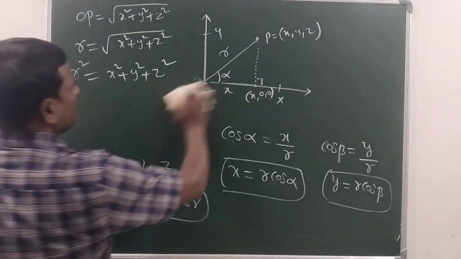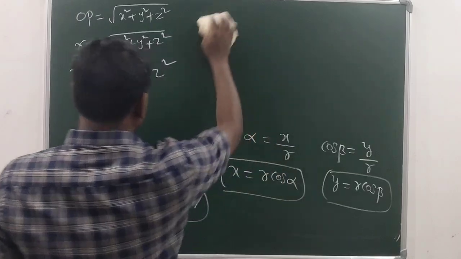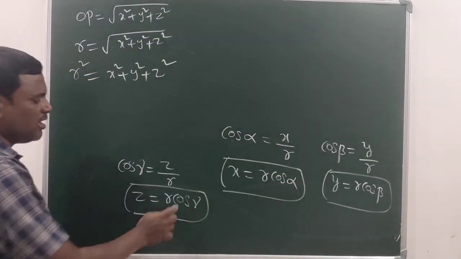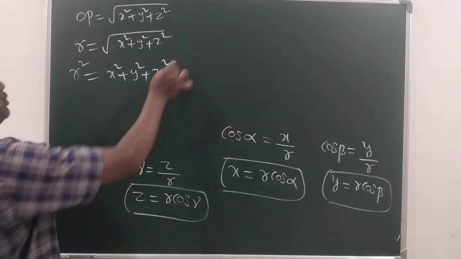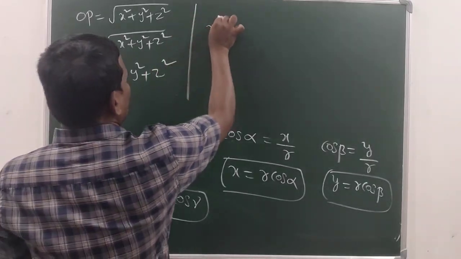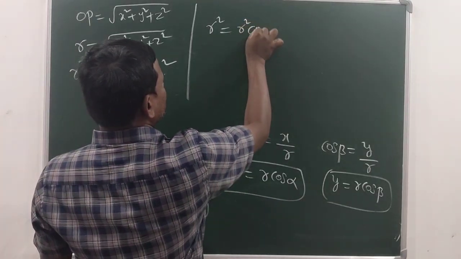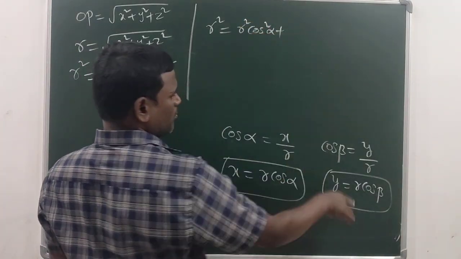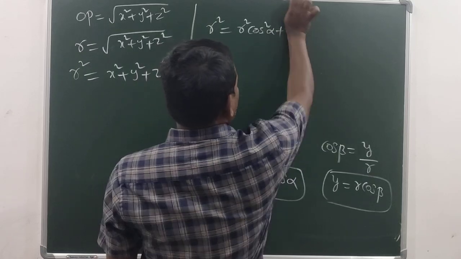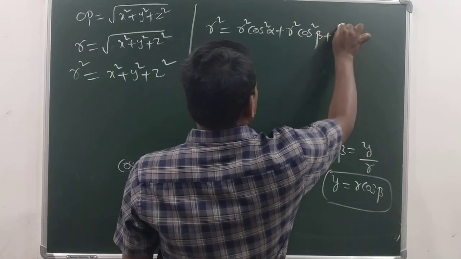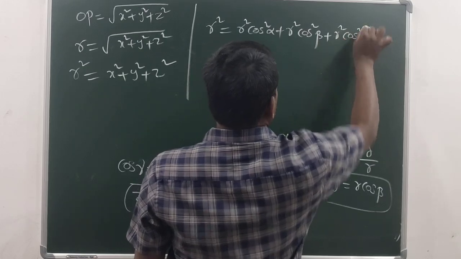Okay, students? Right. Now, see here. x, y, z values: r cos alpha, r cos beta, r cos gamma you got. Substitute in this, so that you will get r square is equal to r square cos square alpha plus r square cos square beta plus r square cos square gamma.